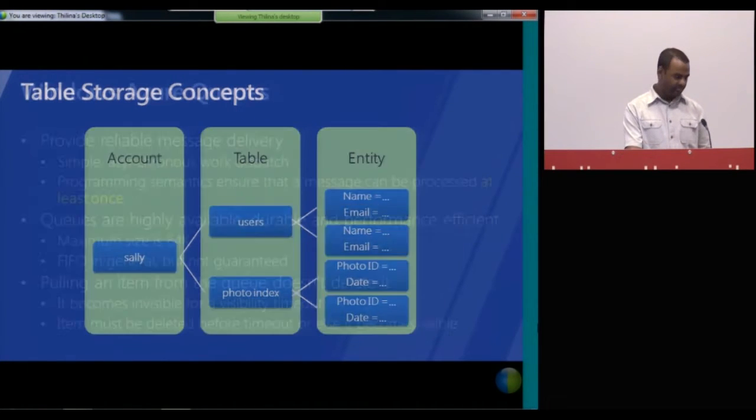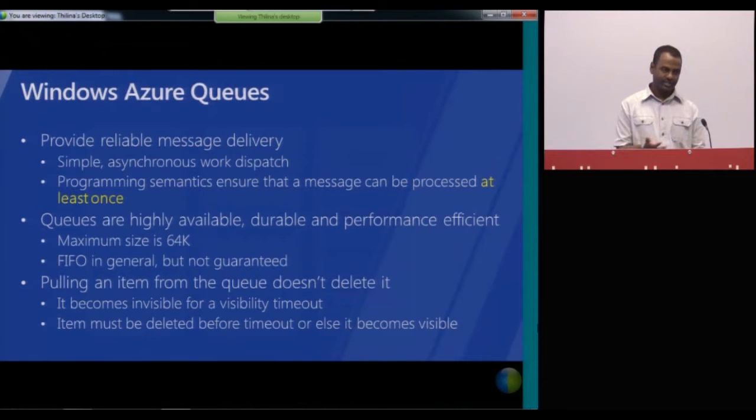The Azure queues provide a simple queue service, which can be used for asynchronous work dispatch. If you think of traditional queues like JMS queues, they provide delivery guarantees like exactly once. But the guarantee Azure queues provide is delivery of at least once.